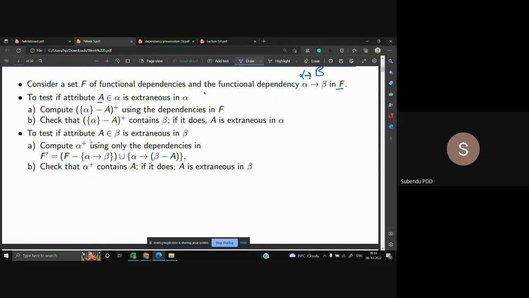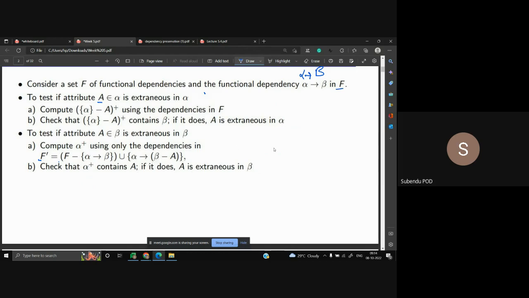First, you have to find F dash. What is F dash? F minus (alpha determines beta), then union (alpha determines beta minus alpha). We'll see this with the help of an example, and it will be clear.